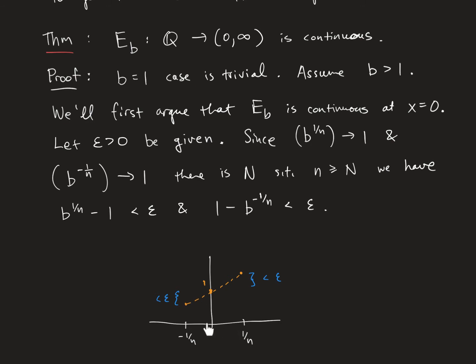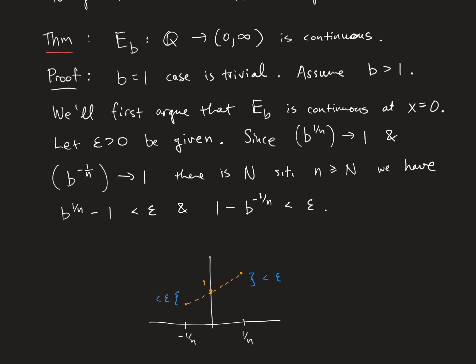So if we take anything in this interval between negative 1 over n and 1 over n, it's going to have to fall somewhere between b to the negative 1 over n and b to the 1 over n. So it's going to fall somewhere in here, be one of these orange dots. And so the distance between it and 1 is also going to have to be less than epsilon. So the values of b on these endpoints are the extremities.